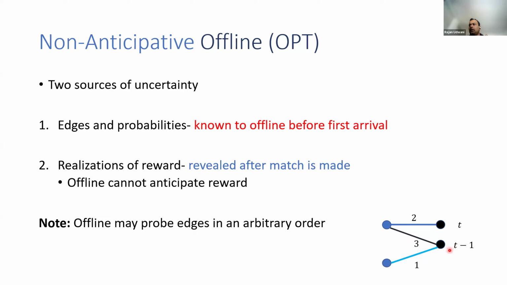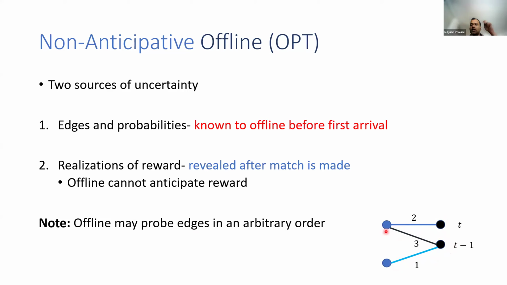So to take an example, opt could say, okay, I want to try to match T minus one to this resource. And then based on what happens, maybe the match fails. It decides, okay, wait a second, let me first go to T and try to match it to this resource. And if that fails, okay, I'll come back to T minus one and try to match it to this resource.